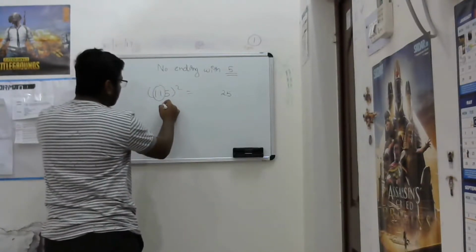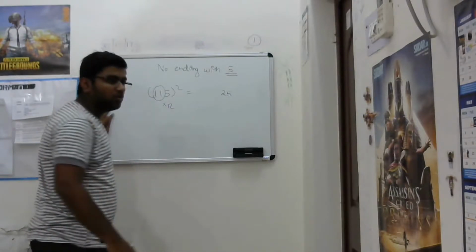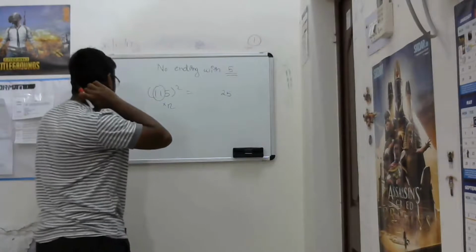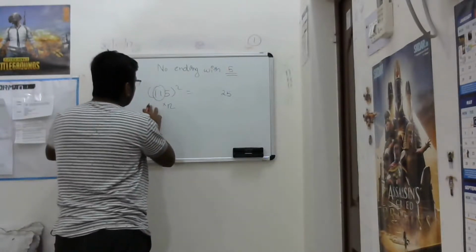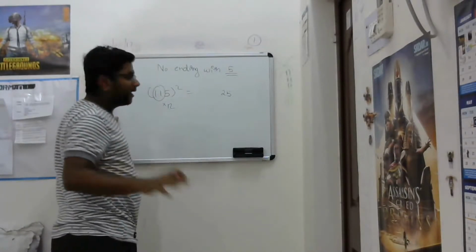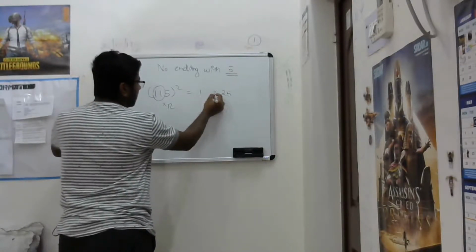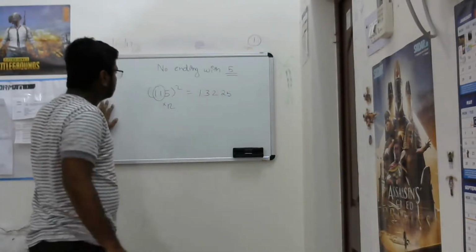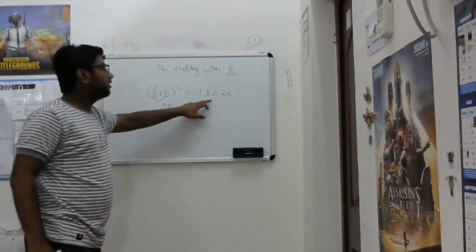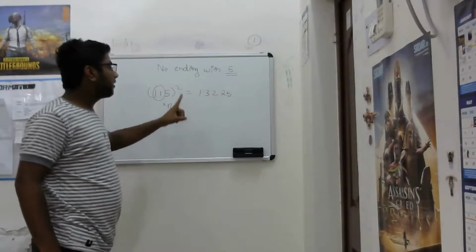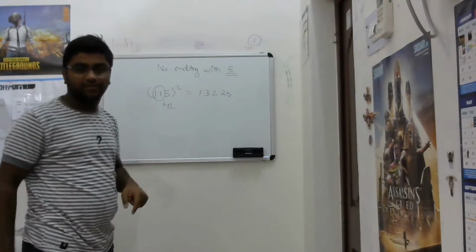So what comes after 11? 12. Now multiplying with 11 is very easy, I'll tell you that. You just write 2 here, 1 here, add both digits. So it's 13225. So 115 squared becomes 13,225.